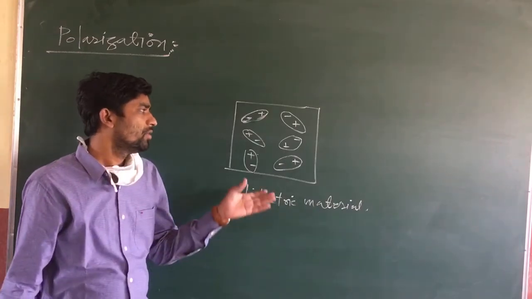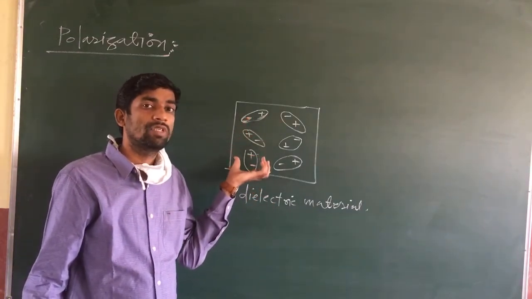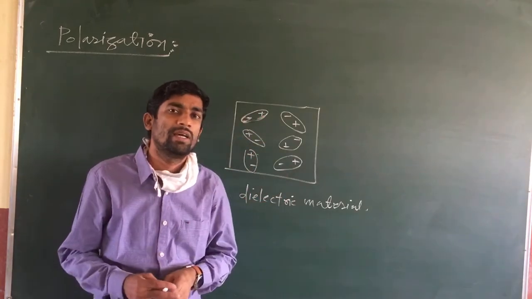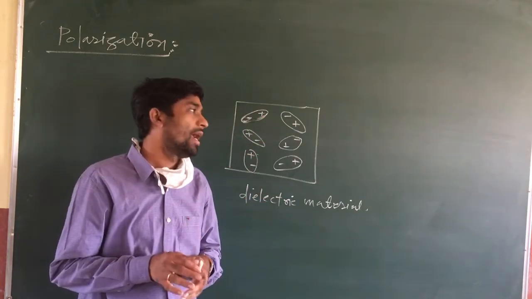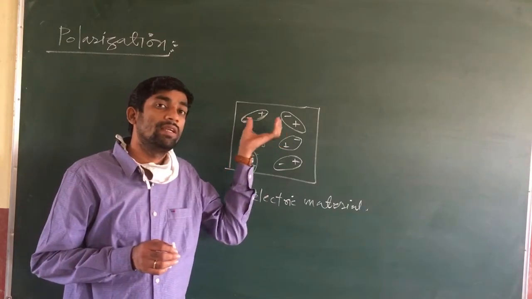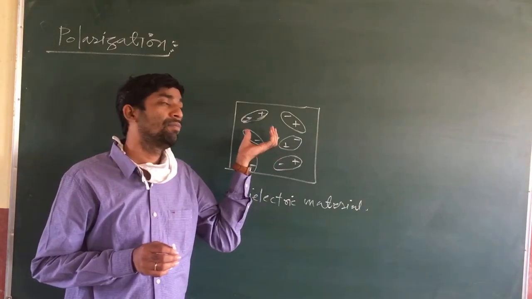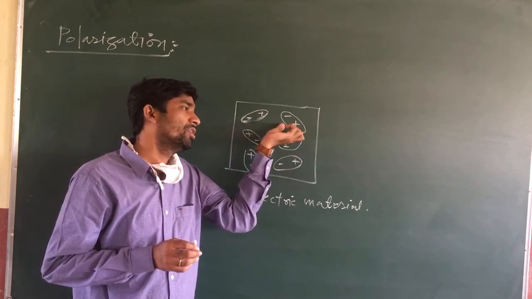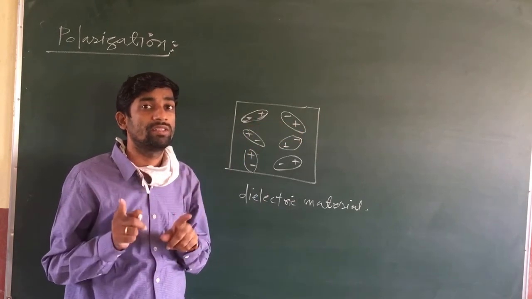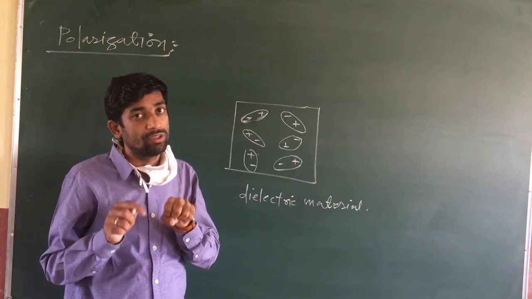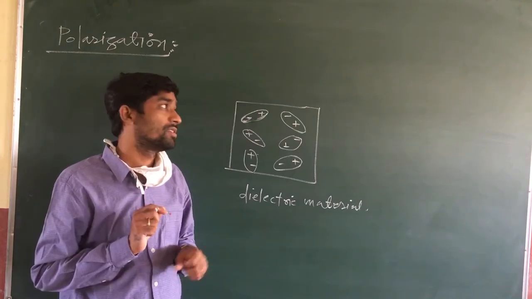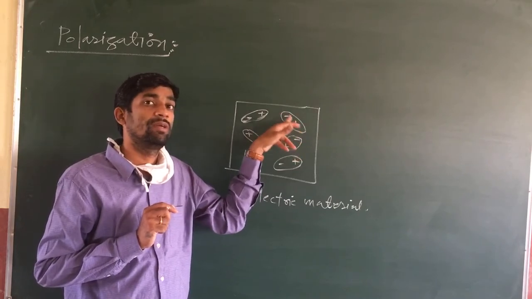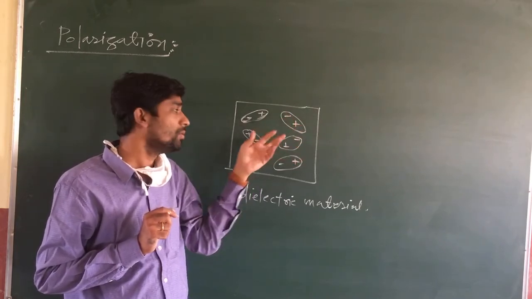So here these dipoles are arranged randomly. Randomly means they are arranged in any direction. If I calculate their net dipole moment, the dipole moment due to this molecule, due to this molecule, and so on. A dipole means two charges of the same magnitude separated by a small distance, a negative charge and a positive charge separated by a distance.